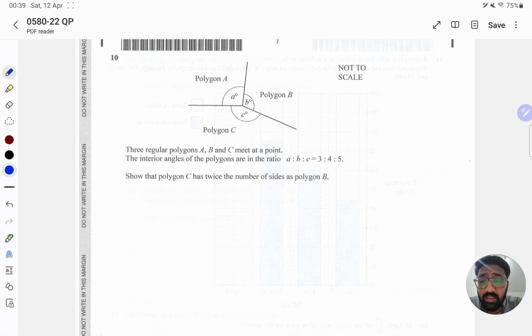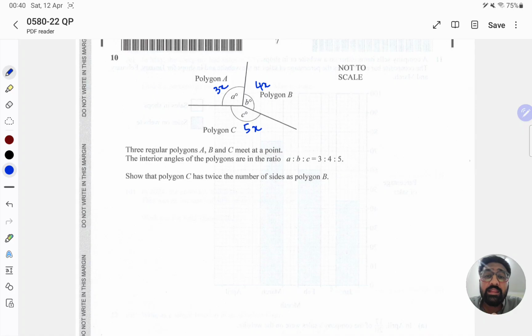Show that the polygon C has twice the number of sides as polygon B. Since the ratios are given to us, we can write the angle of polygon A as 3 times x, polygon B as 4 times x because it's a ratio, and polygon C as 5 times x.